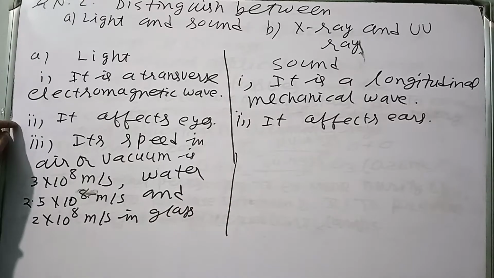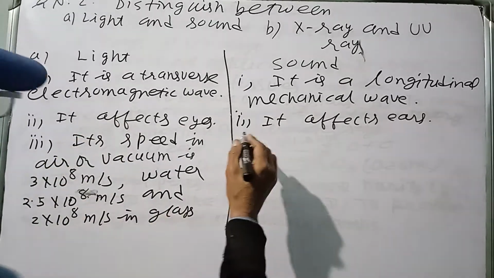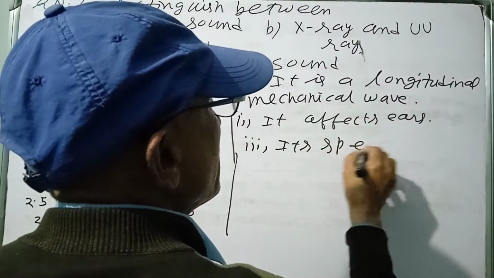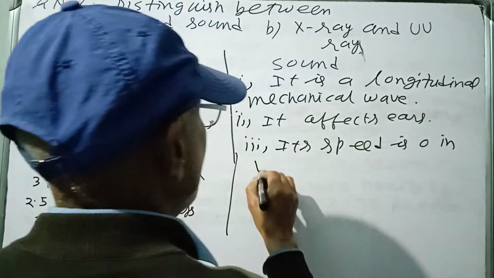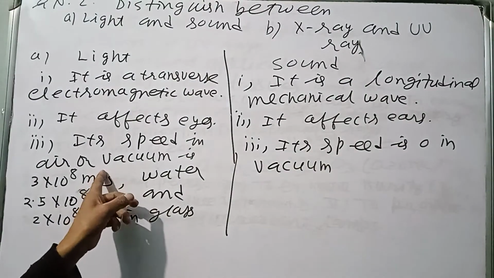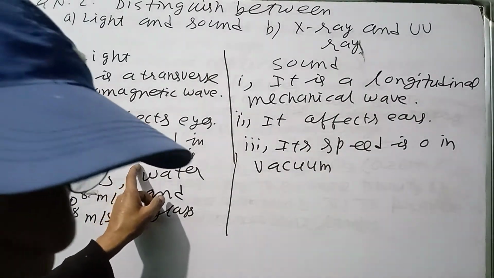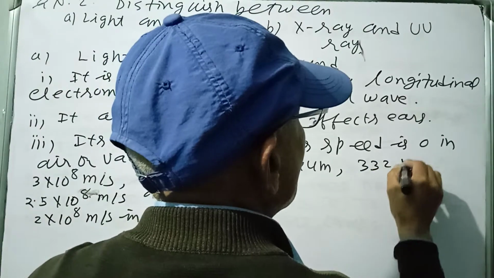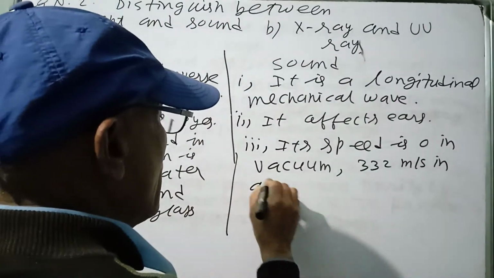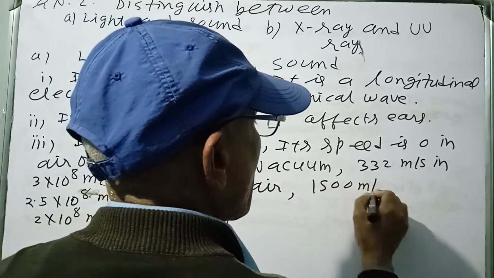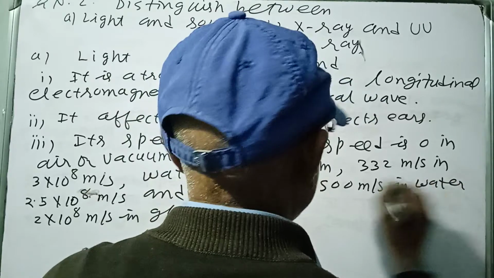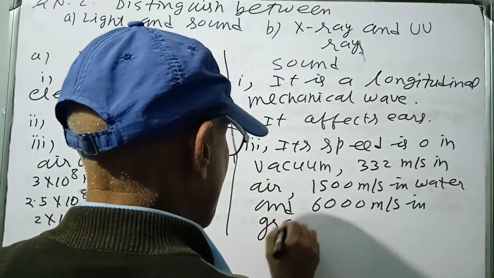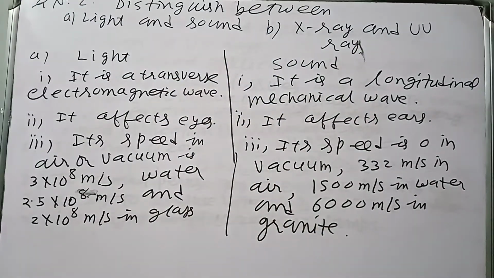Number 3, light speed is 3 lakh kilometer per second in vacuum, but sound speed is 0 in vacuum and about 332 meter per second in air, about 1500 meter per second in water, and about 6000 meter per second in granite. See, sound speed is different.